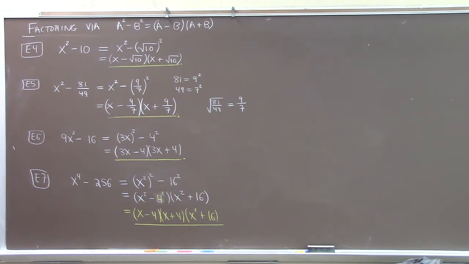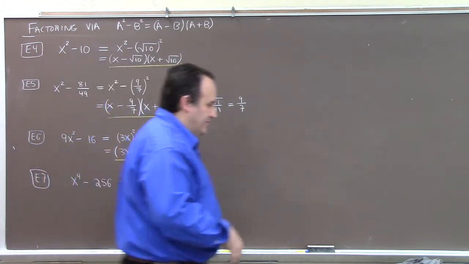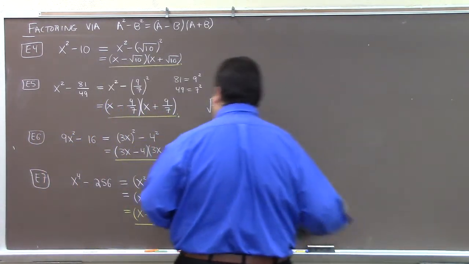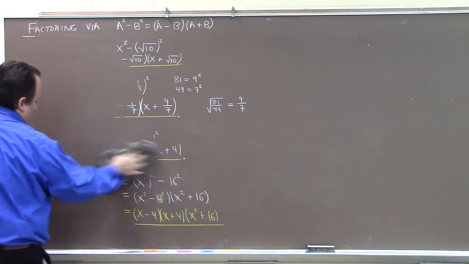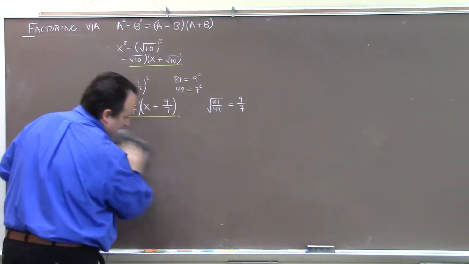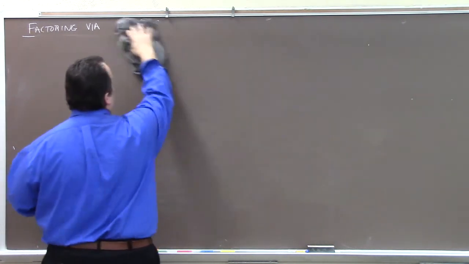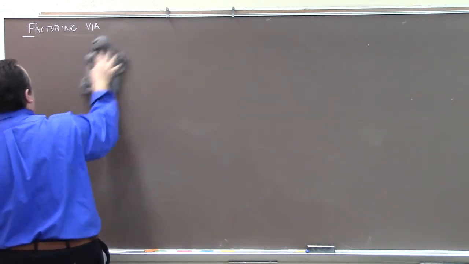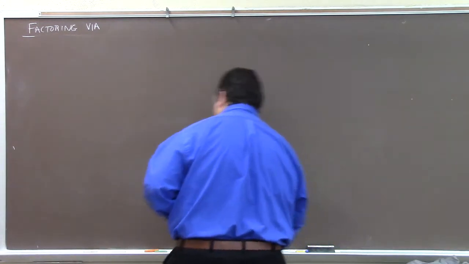All right, so let's go back to the plain Jane ones with the put-the-x's template, whatever you want to call those examples. Let's go back to those. So let's call this factoring via guessing, because that's really what we're doing.